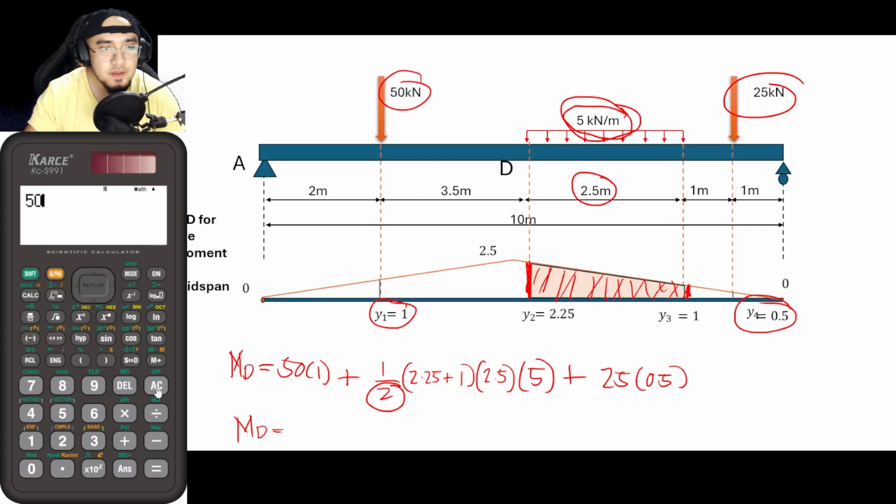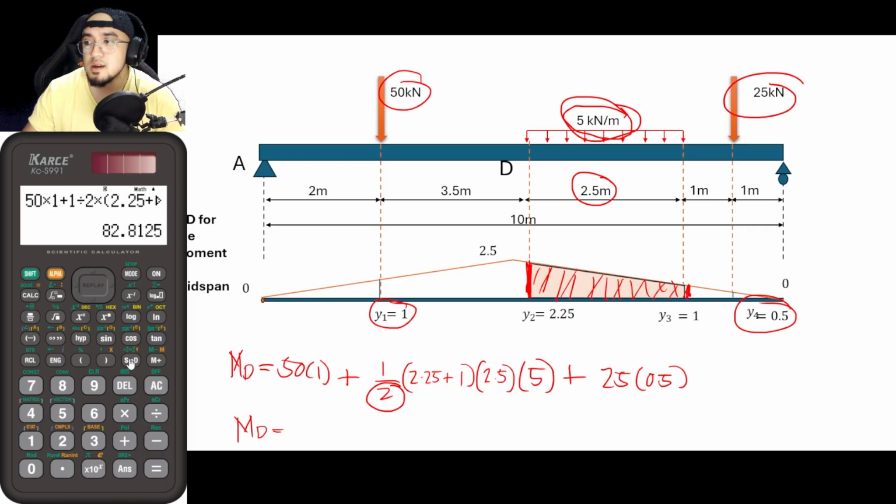Okay, so this is 50 times 1 plus 1 half times 2.25 plus 1 times 2.5 times 5 plus 25 times 0.5.